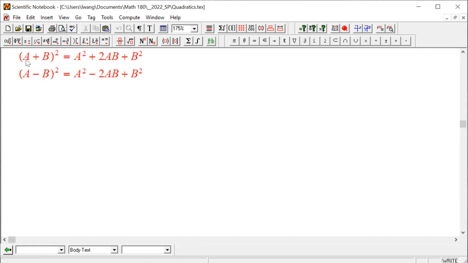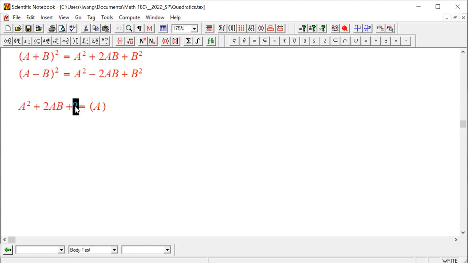For example, if you have a squared plus 2ab, what should you be adding that will give you that perfect square? Of course, you know the answer. What number should be here? You already know the a. This is a and this is 2b.